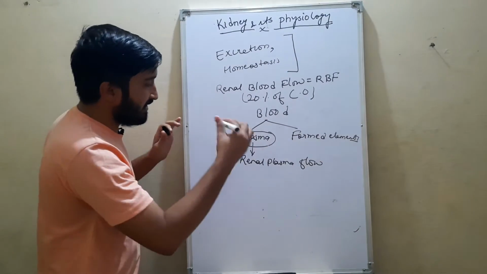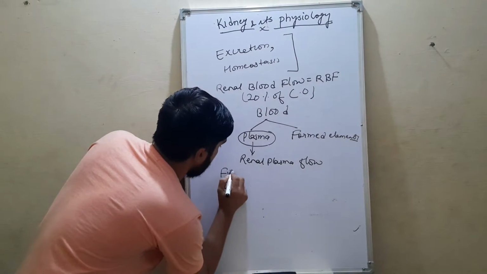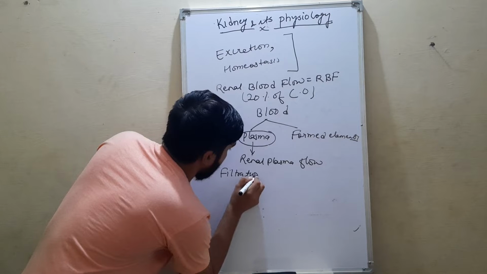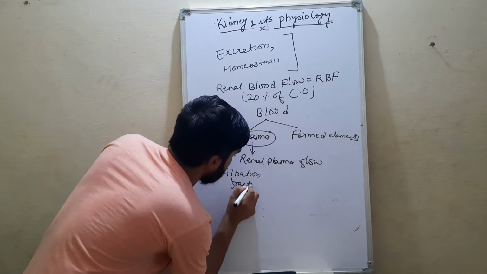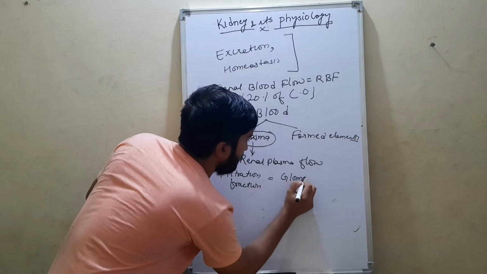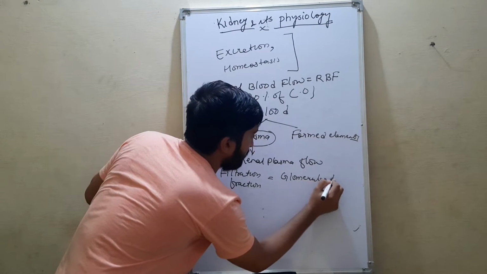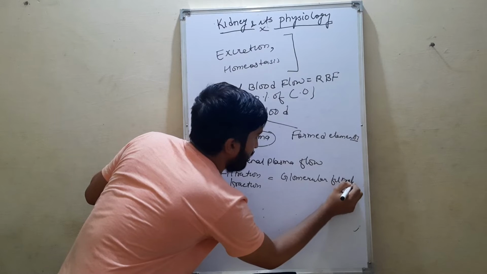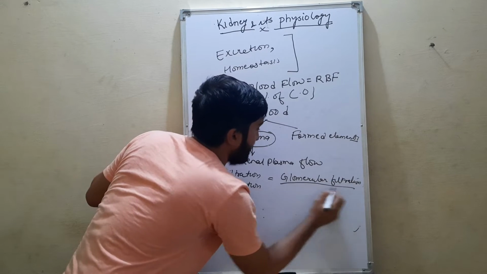So the filtration fraction is glomerular filtration divided by renal plasma flow.